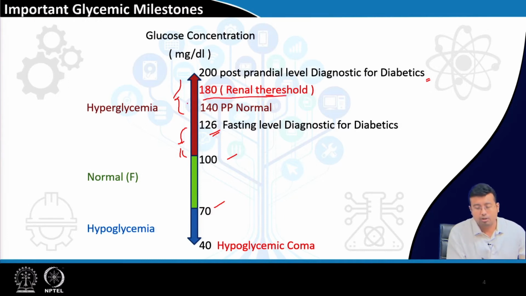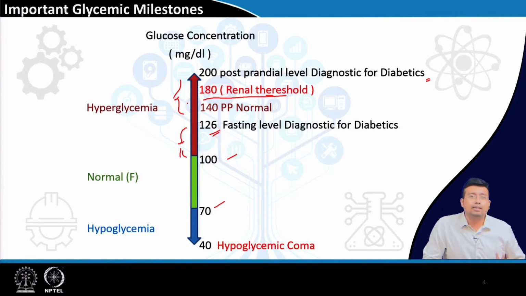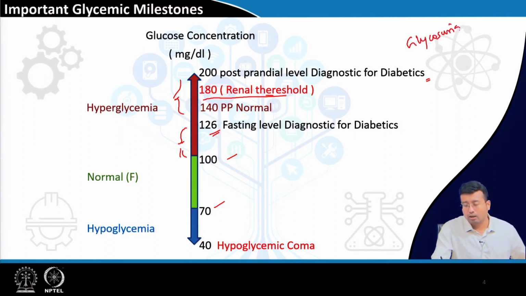Anyway, one very important thing over here is mentioned, that is renal threshold. What is renal threshold? Generally glucose is not excreted in urine up to a certain level, right, but if the blood glucose level goes above 180, glucose will start coming out in urine, and that is known as glycosuria, right. So, our goal is to keep the blood glucose level below 180.